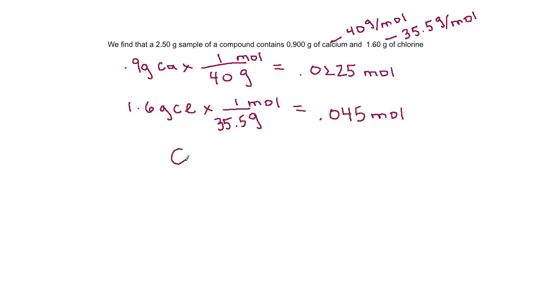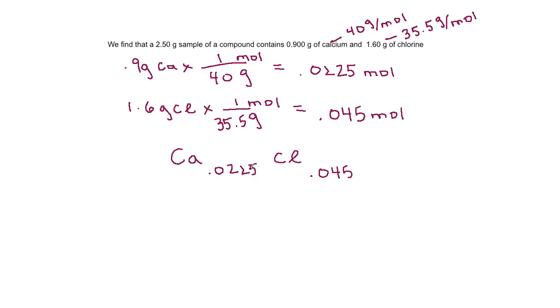The way we represent that relationship is we use the number of moles as the subscript. So it's going to be Ca with the subscript of 0.0225, and then chlorine with a subscript of 0.045.